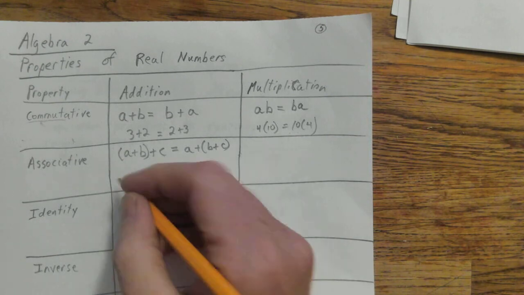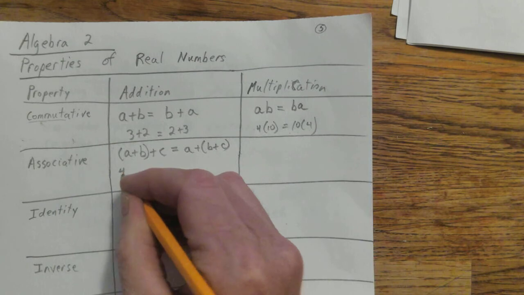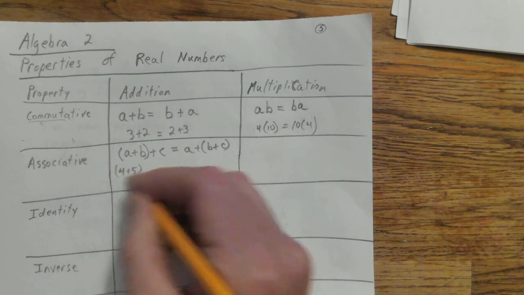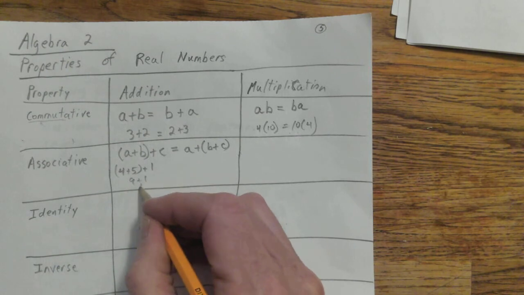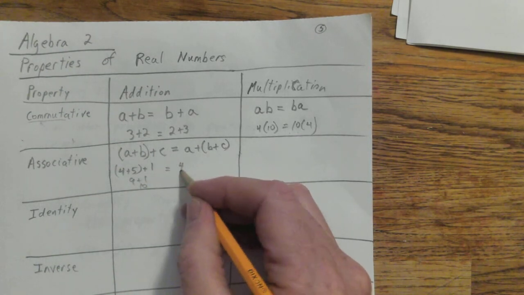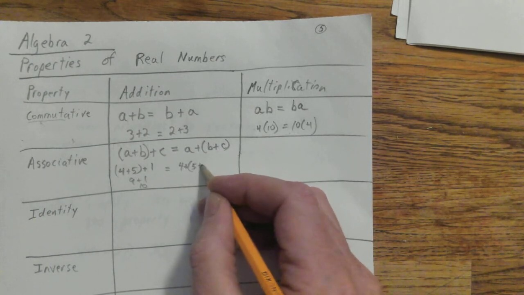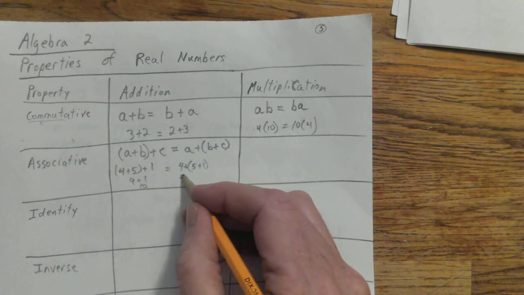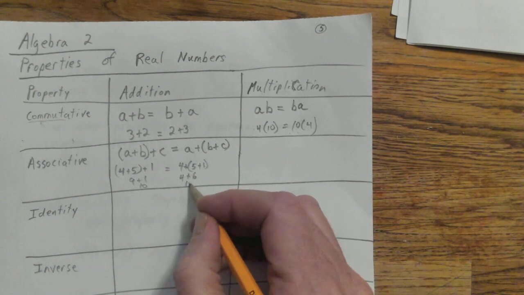It doesn't matter. So if you were to look at that, 4 plus 5 plus 1, that's 9 plus 1, which is 10. Would that be the same as 4 plus, don't forget your plus, 5 plus 1? That's 4 plus, and 5 and 1 is 6. That's also 10.